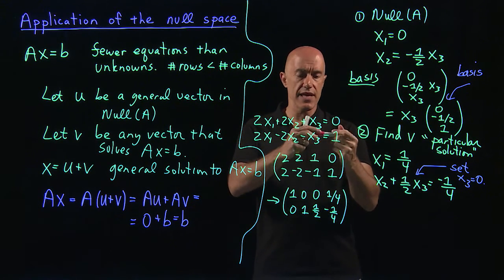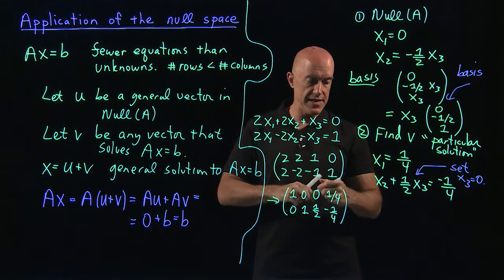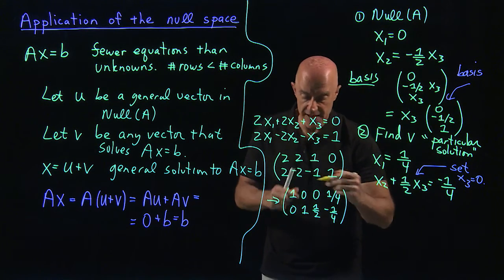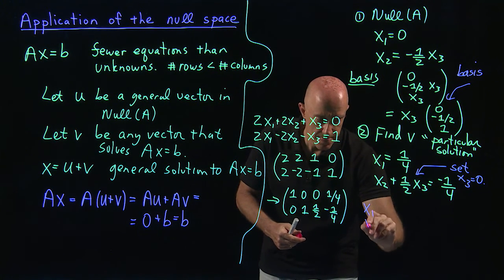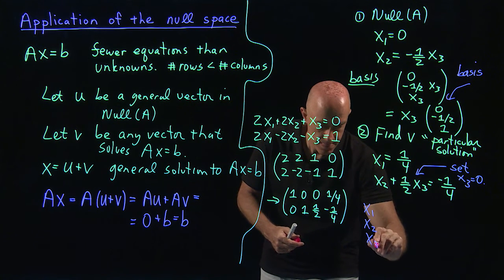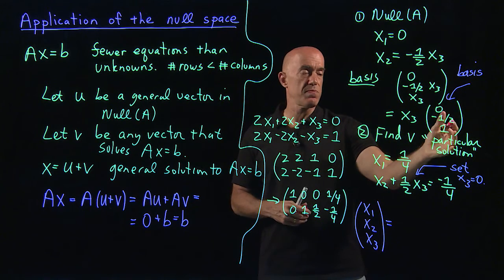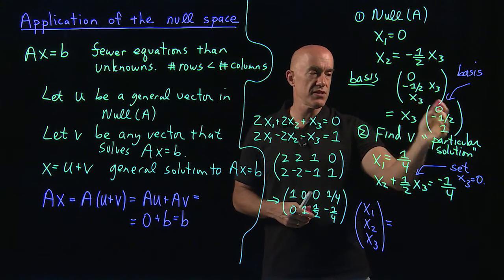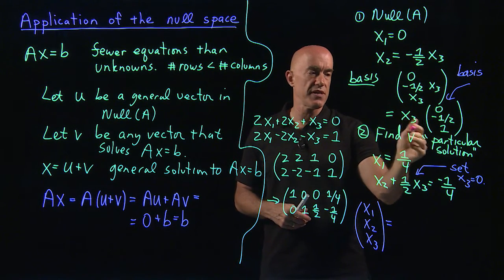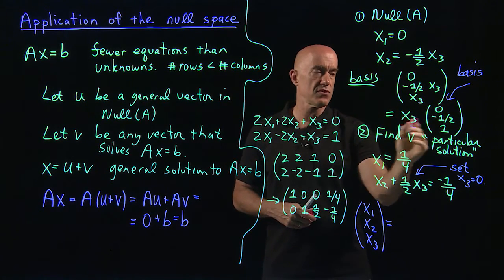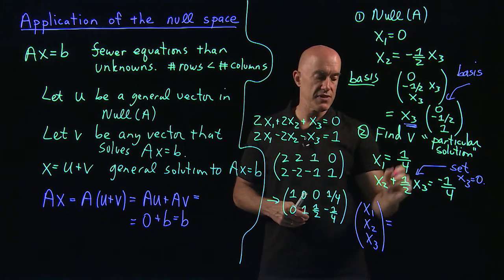So putting it all together, we can find the general solution here. So let me write it down at the bottom here. We have x1, x2, x3 equals the null space solution, which is this one here. So x3 here is a free constant in the null space solution. So it's just some constant times this vector.